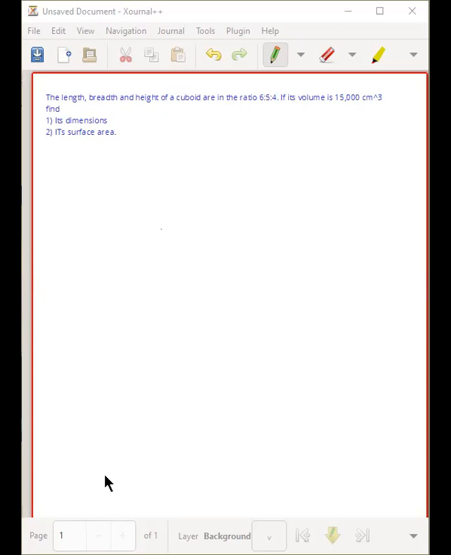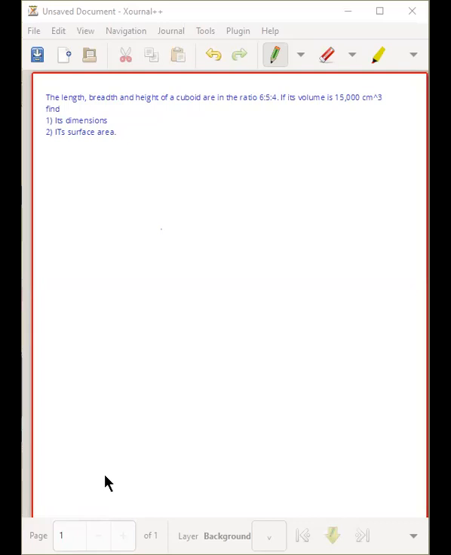Sir, because we'll take 6x, 5x, and 4x. So will you add them or will you multiply them if that's the volume? Multiply. So why did you add it? Because you're getting the habit of adding up to solve for x, right? Yes, sir. Without reading the question. Solve it correctly. Krishna, did you understand your mistake?